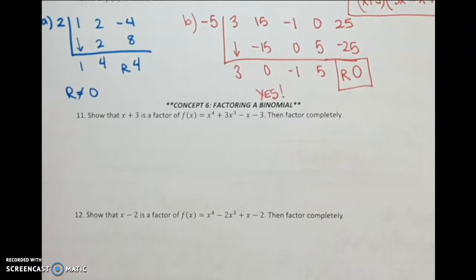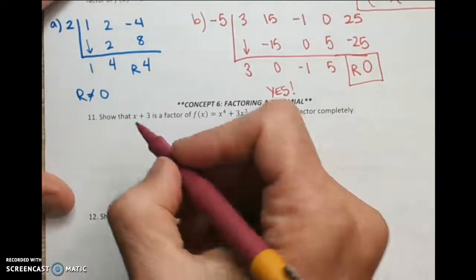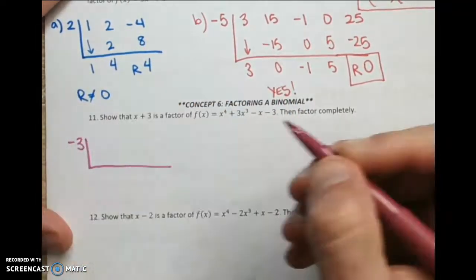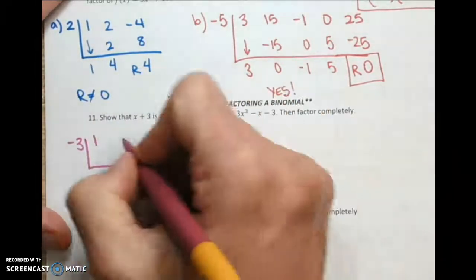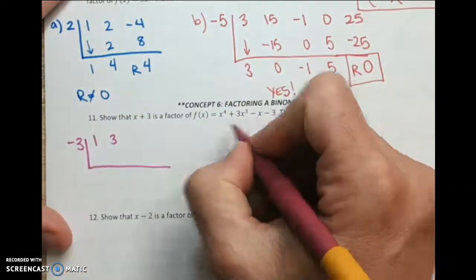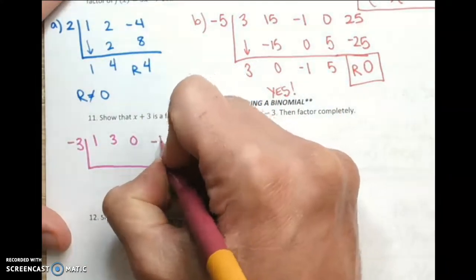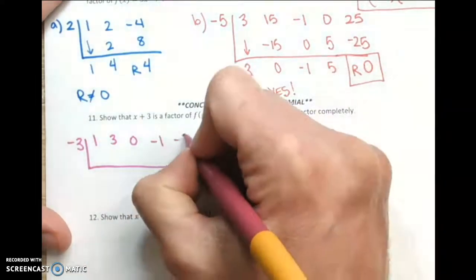Okay, same thing. Factoring binomials, we show that x plus 3 is a factor of f of x equals x to the 4th power plus 3x cubed minus x minus 3, and then factor completely. Okay, so again, I'm going to use negative 3 here. In synthetic division, I get 1, 3, no x squared, so 0 is my placeholder, negative 1, and then minus 3.